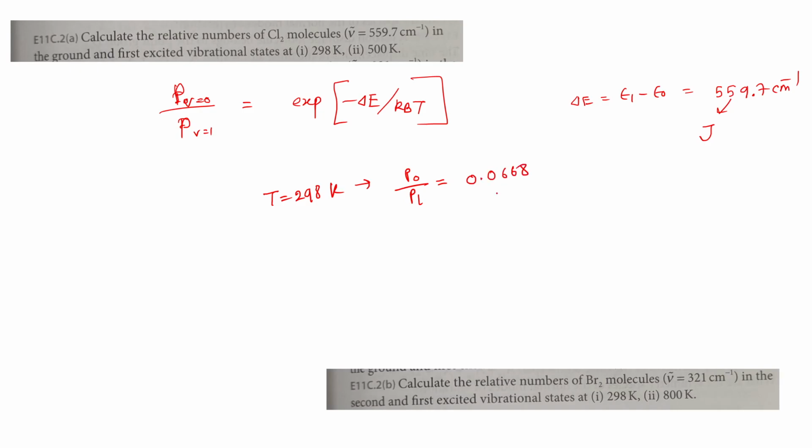And when you increase the temperature, what are you expecting? Your molecule is having some more energy, so it is going to the first excited state, and your ratio should decrease, right?